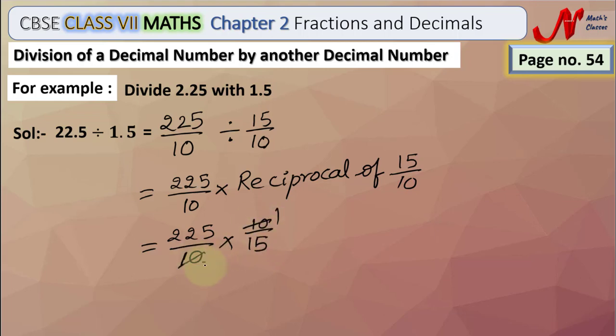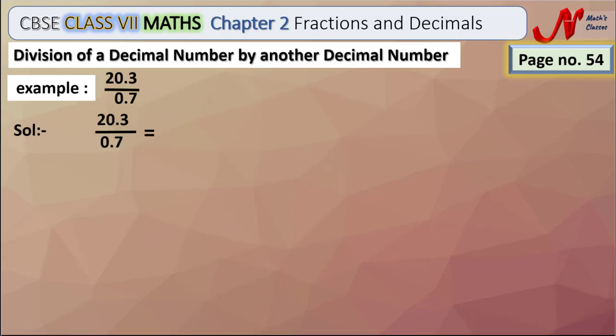Cancel: 10 ones are 10, 10 ones are 10. 5 threes are 15, 5 fours are 20, 5 fives are 25. Next we cancel: 3 ones are 3, 3 ones are 3, 3 fives are 15. So we get 15. Therefore 22.5 divided by 1.5 is equal to 15.